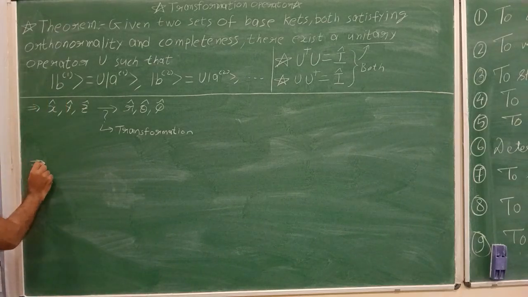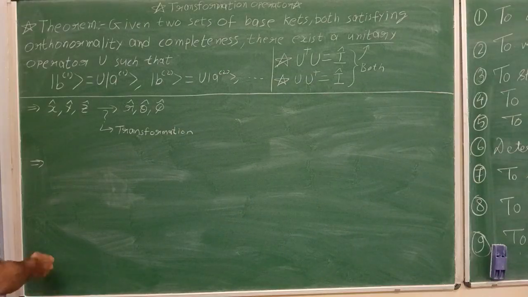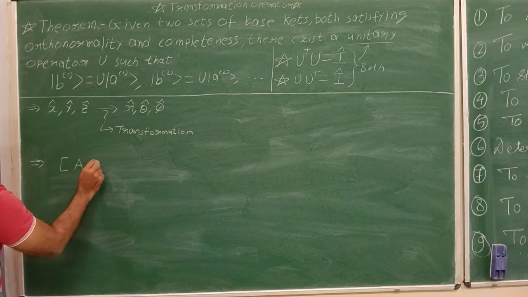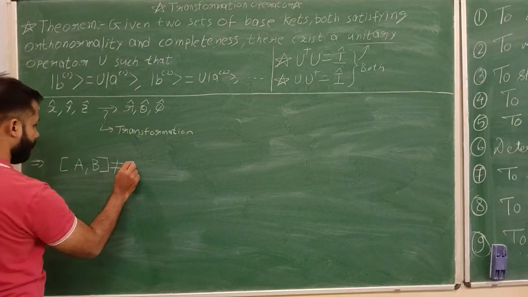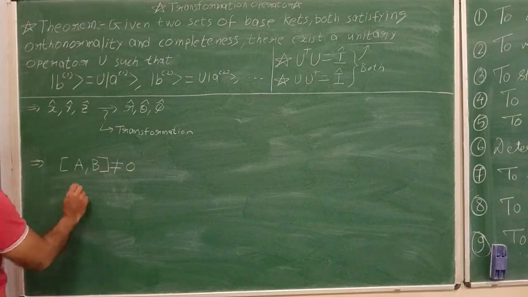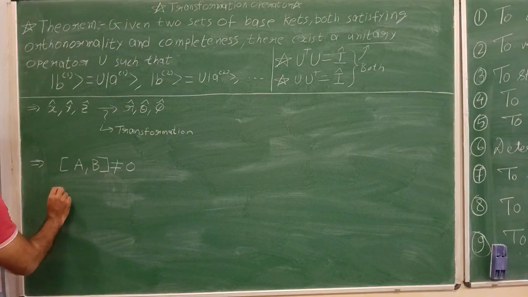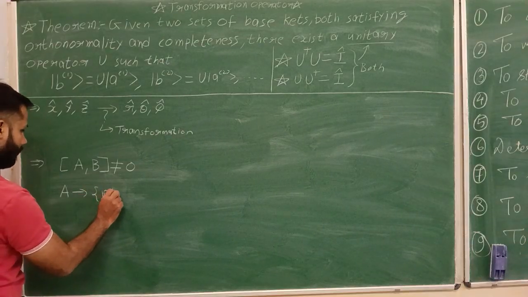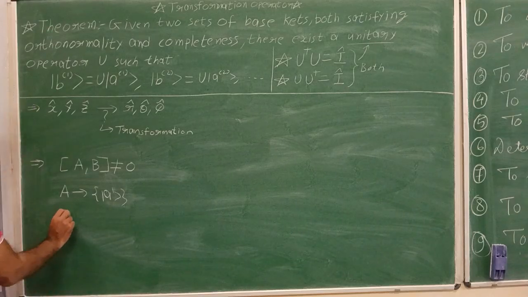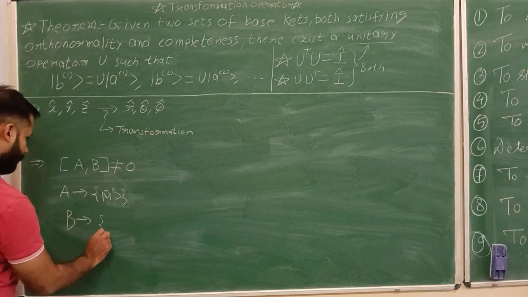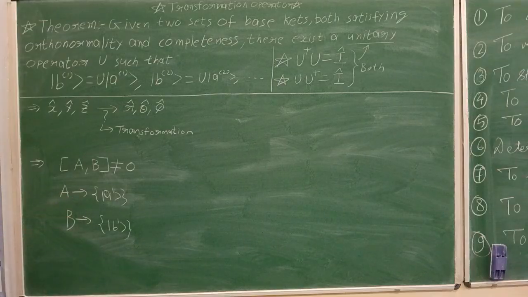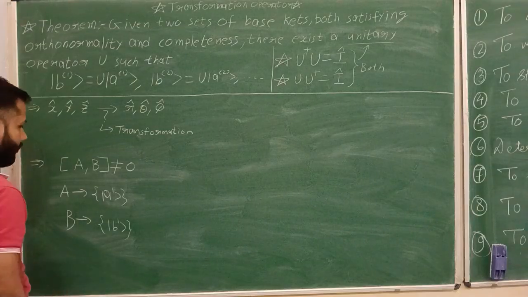There's always a matrix and some components. In similar fashion, let's say we have two incompatible observables and their eigenkets. These eigenkets span the entire space, the entire state space or the entire ket space.